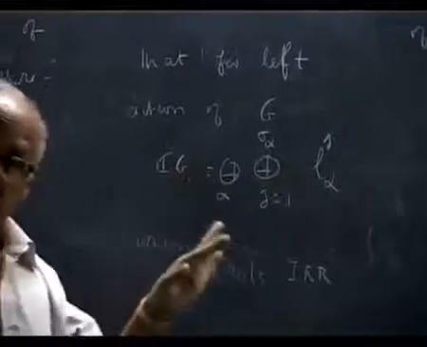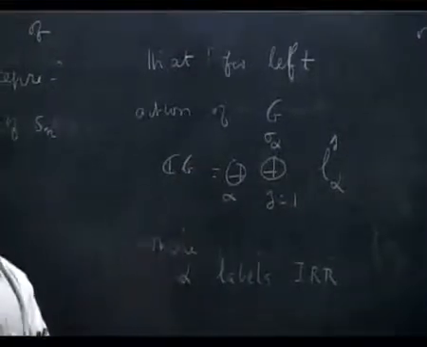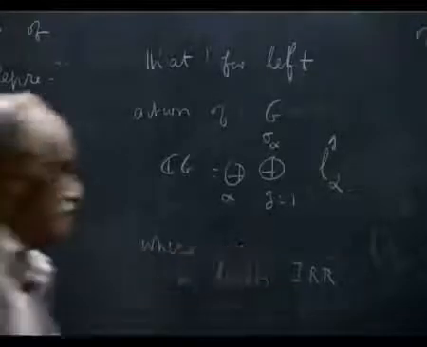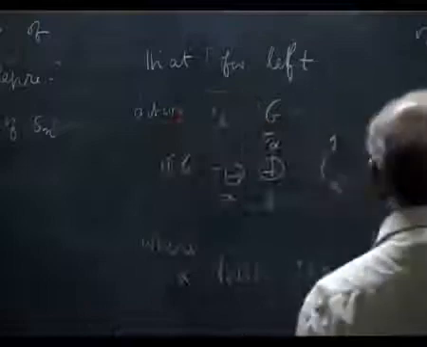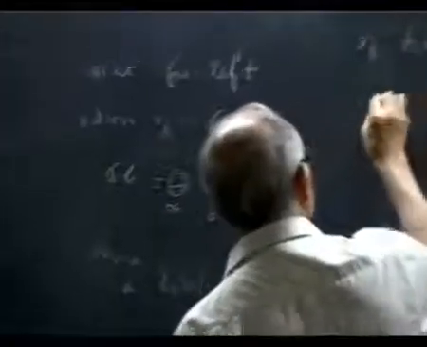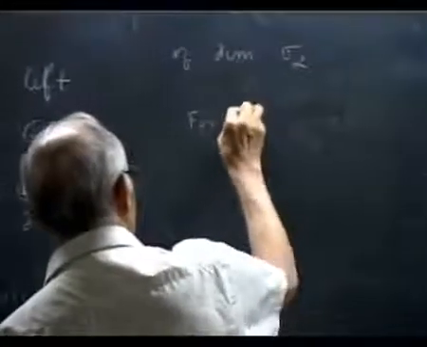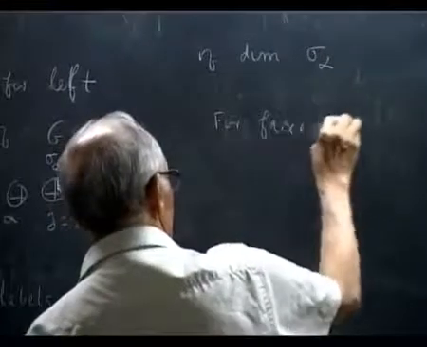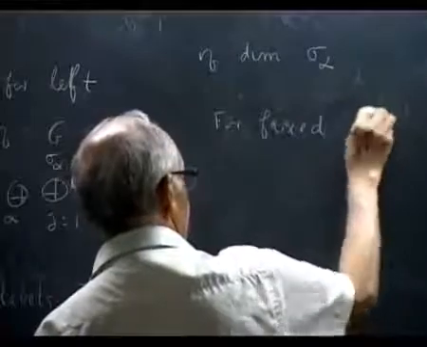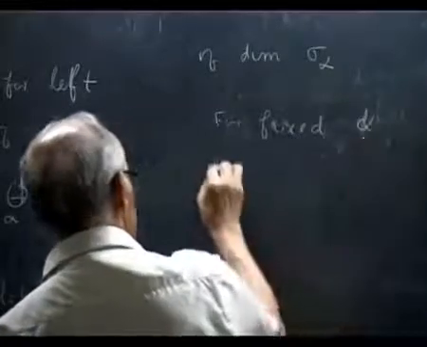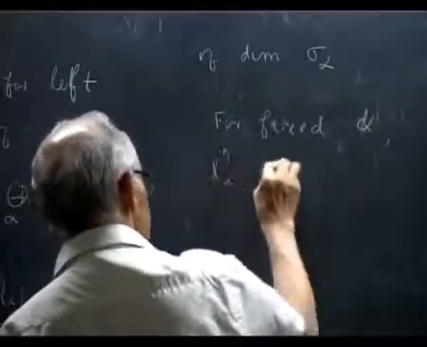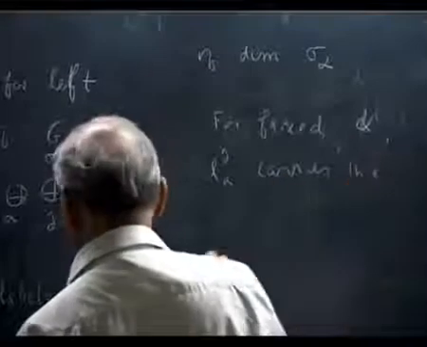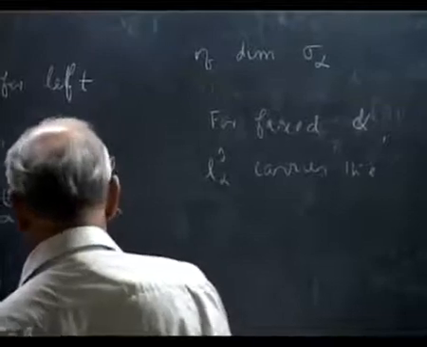There could be more than one irreducible with the same dimension, I don't know anything about that. And j, for fixed alpha, L alpha j carries the irreducible representation gamma alpha.